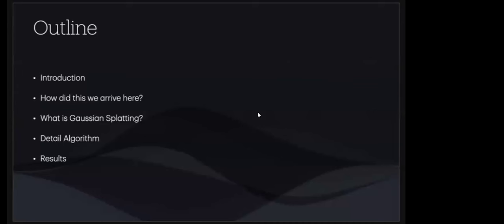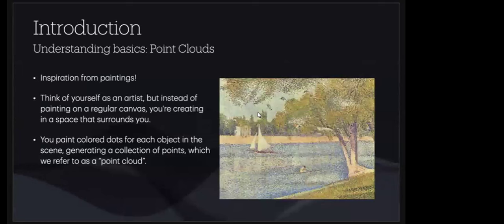We will also go through the algorithm they have presented in detail, and in the end I will go through the results and show you what types of images and videos were synthesized using Gaussian splatting, which will be really interesting to see. So yeah, let's move ahead.